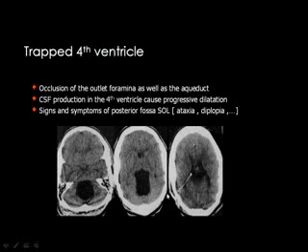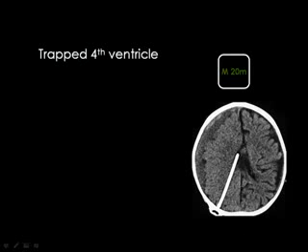Then the CSF cannot go up because of the aqueductal stenosis, and cannot go down because of the atresia of the outlet foramen. Then the fourth ventricle is trapped in the posterior fossa. And this can be clinically presented as a posterior fossa tumor, and it is nothing but just marked dilatation of the fourth ventricle because of the trapping.